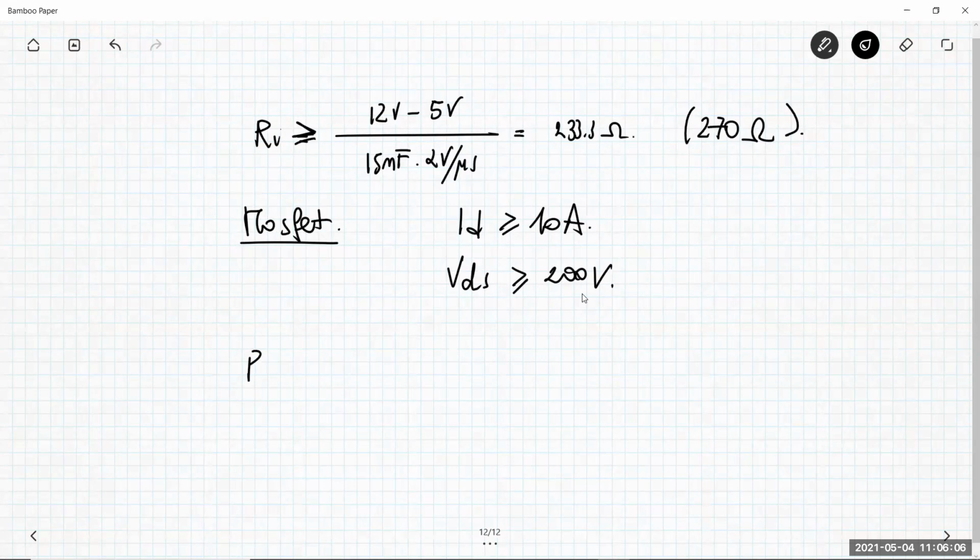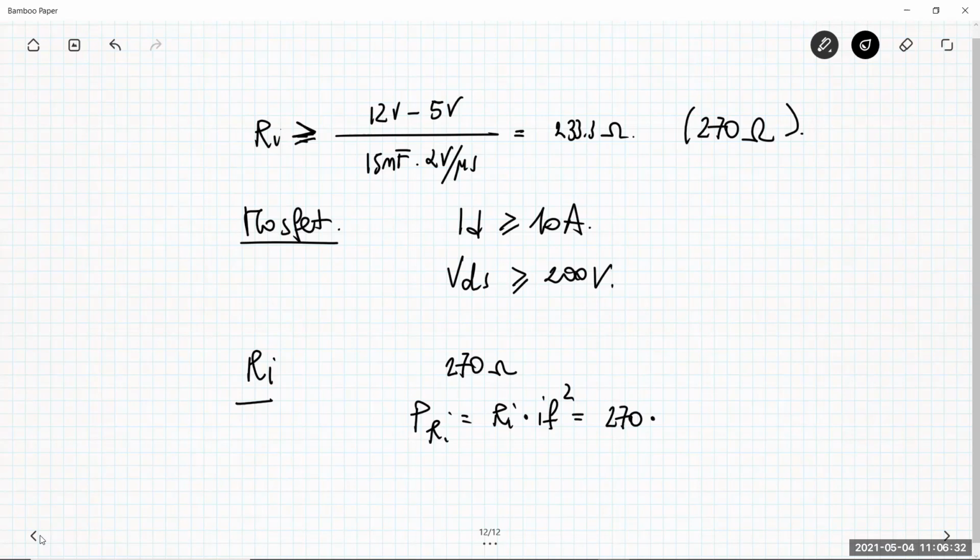For the resistor Ri, the value should be 270 ohm, and the power is Ri multiplied by what? The current flowing through the resistance Ri is the current IF. So this is 270 multiplied by the current IF squared.